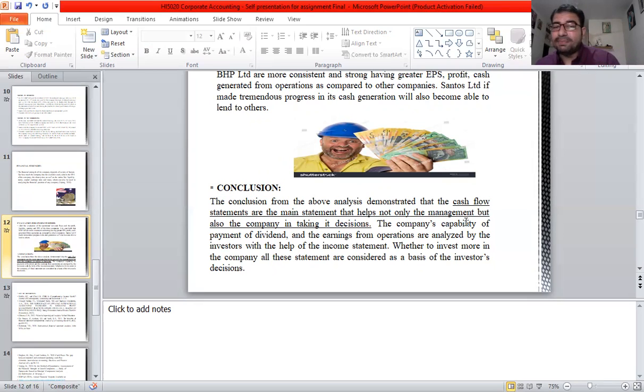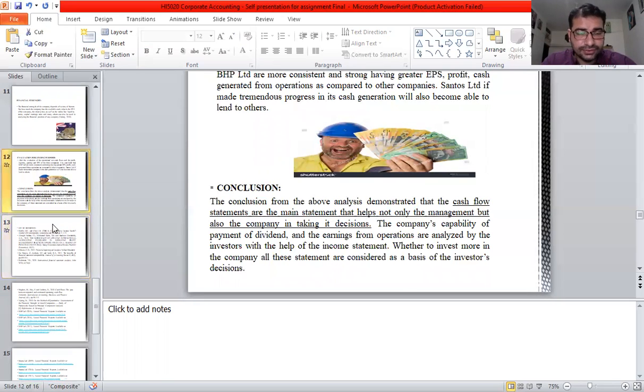The company's capability of paying dividends and the earnings from operations are analyzed by the investors with the help of the income statement. So, hence, to invest more in the company, all these statements are considered as a basis for the investors' decisions. So this was the presentation.